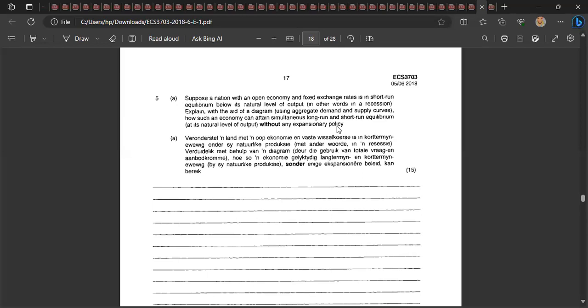It's one of the past exam questions. Maybe, because I see the word in brackets, in a recession. So that's how I'm able to see that I did it, because I did papers from 2017 up until now this year. But I don't think it's going to go that far back.